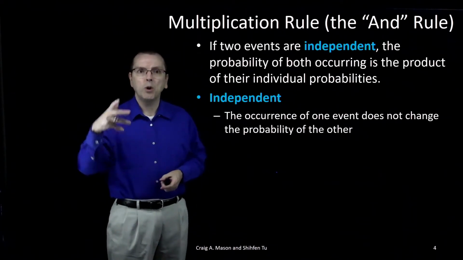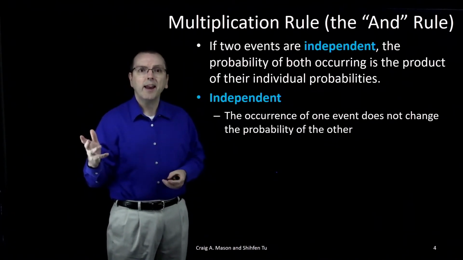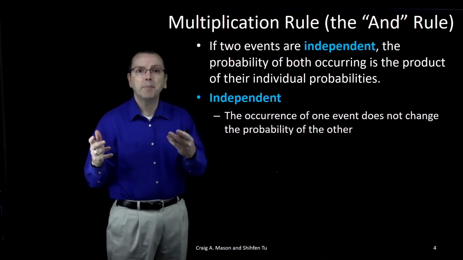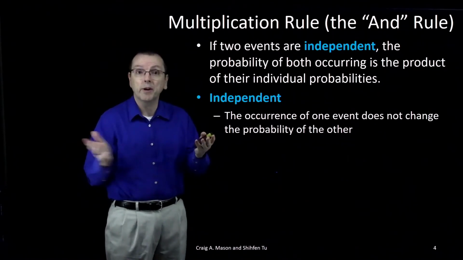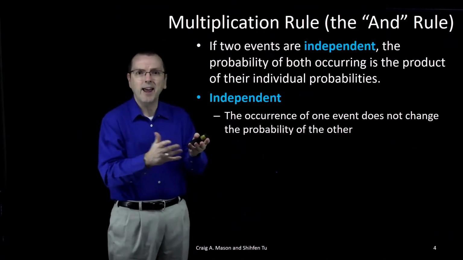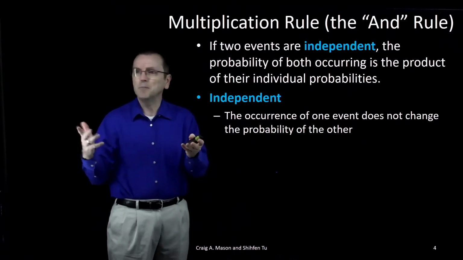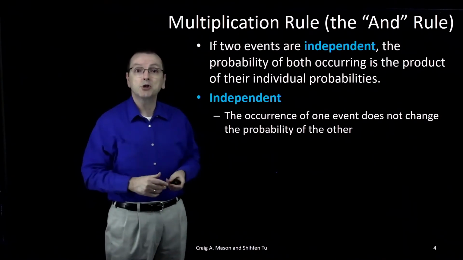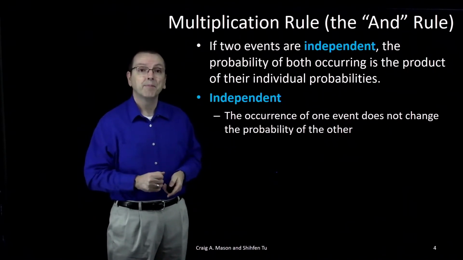If I roll a 1 on the first die, it has no impact on the probability of any of the numbers showing up on the second die. And if I roll a 6 on the second die, it has no impact on the probability of whatever number shows up on the first die.